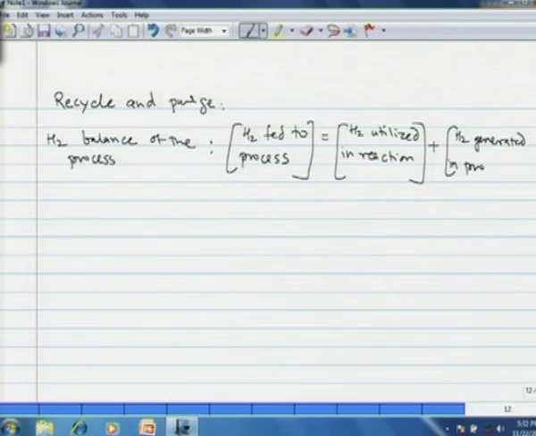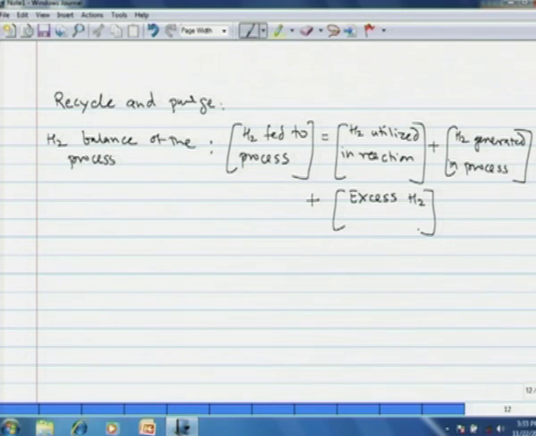We saw that when two molecules of benzene combine to give diphenyl, hydrogen is generated in the process, okay, plus the excess hydrogen that is fed and left as unreacted. So, this is the basic balance on hydrogen.